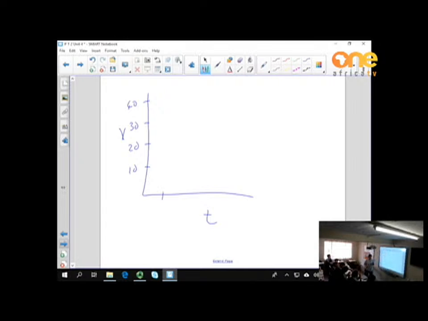And the time interval is in seconds. 1, 2, 3, 4, 5, 6, etc. So uniform acceleration from 10 meters per second to 20 meters per second in 4 seconds. 1, 2, 3, 4.